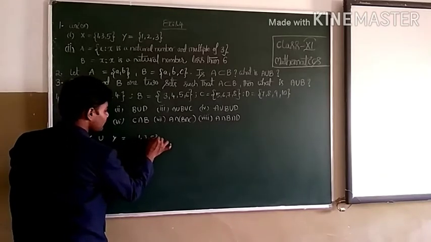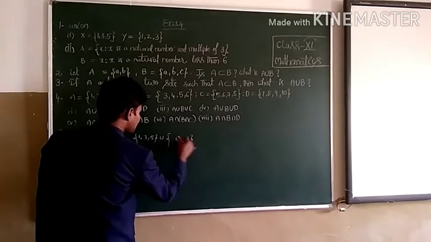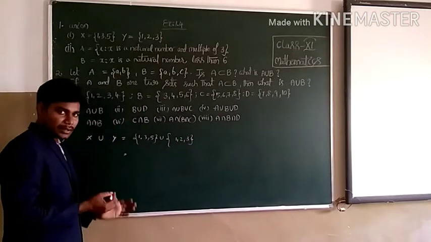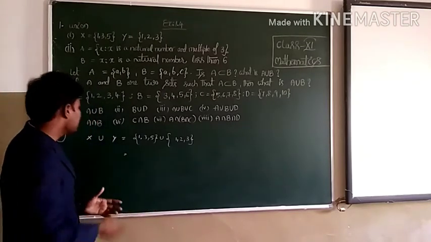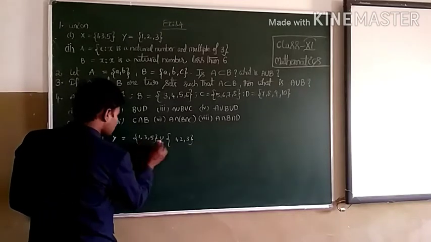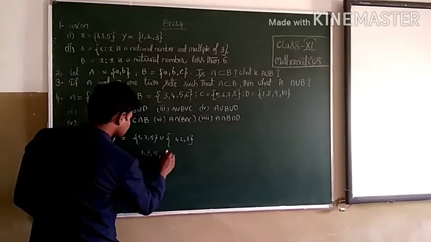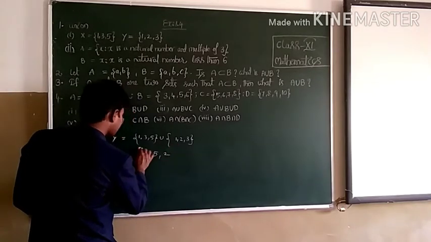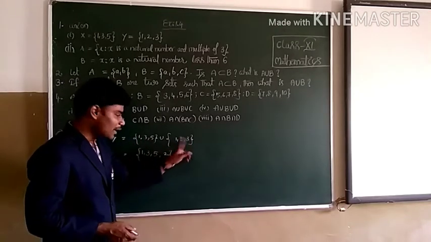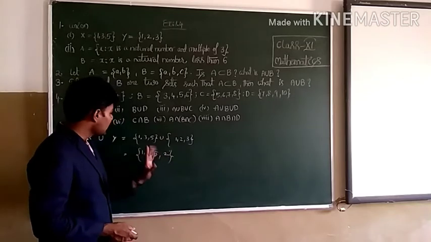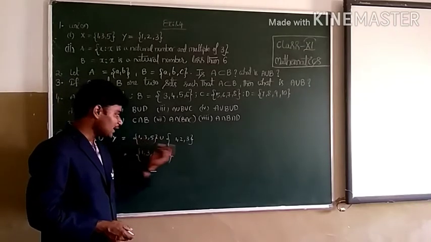{1, 3, 5} union {1, 2, 3}. I told you that union means the elements which are in set A or B or both A and B, right? So here we write the elements of both: 1, 3, 5 and 2 only, because 1 and 3 are available in this set and in that set also.